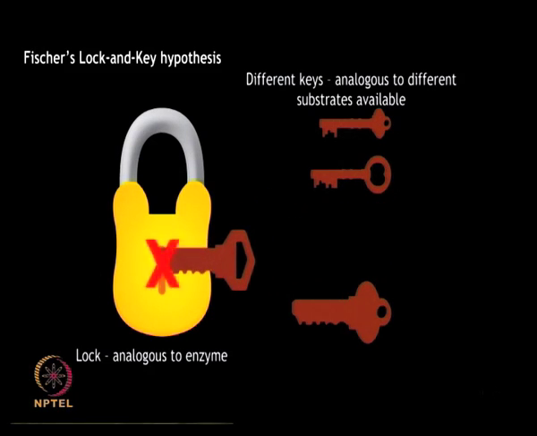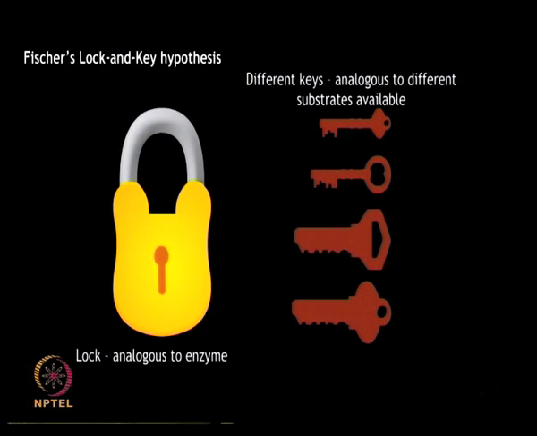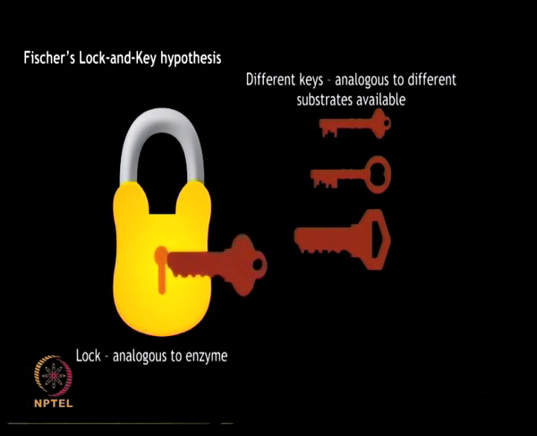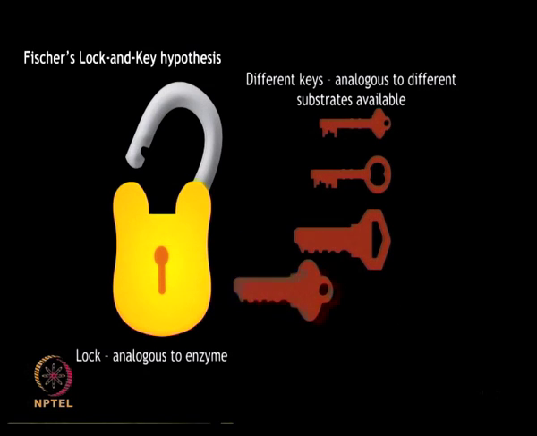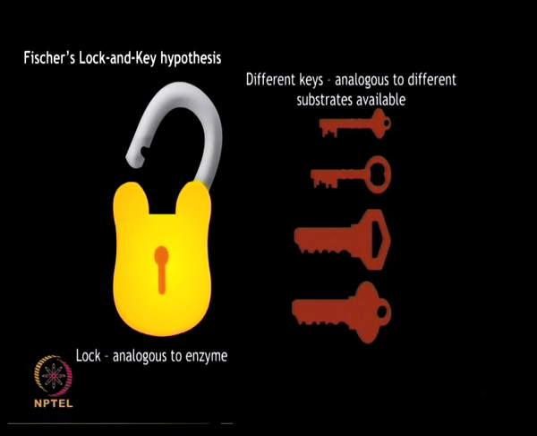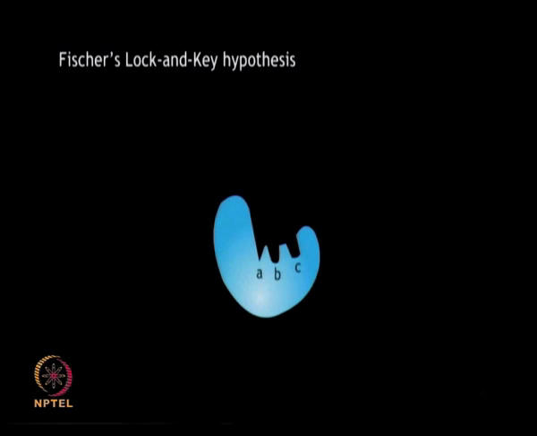Similarly, only one particular substrate will fit into the active site of the enzyme so that the enzymatic reaction can occur. According to Fischer's hypothesis, enzymes and their substrates possess specific complementary geometric shapes that fit exactly into each other.